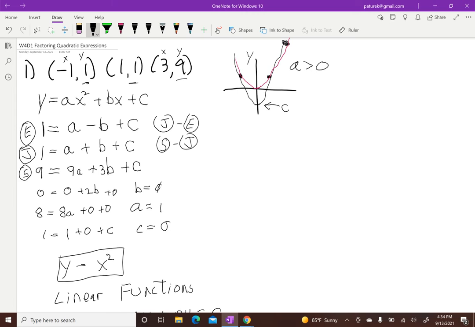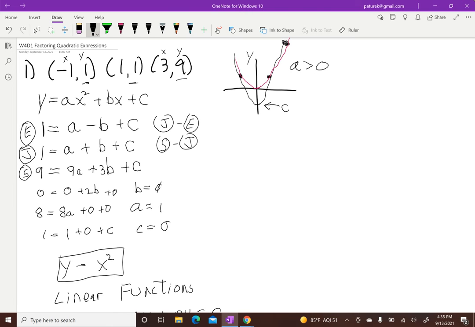Then we plugged in the values of each set of coordinates, -1 for x and 1 for y to create the first line, +1 for x, +1 for y to create the second line, +3 for x, +9 for y to create the third line. And we arbitrarily gave each line a letter, like E, J, and S.